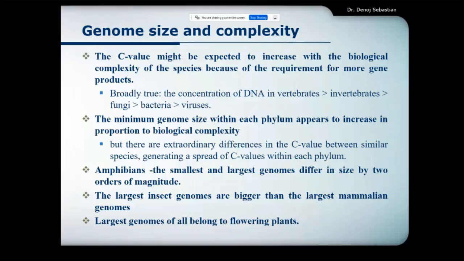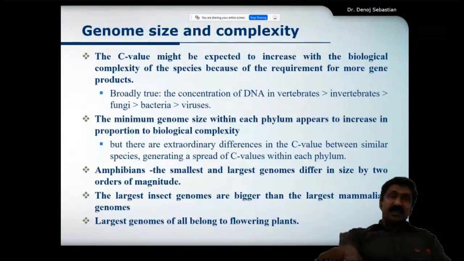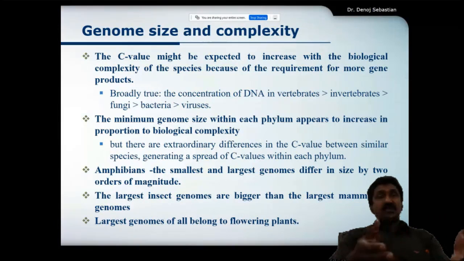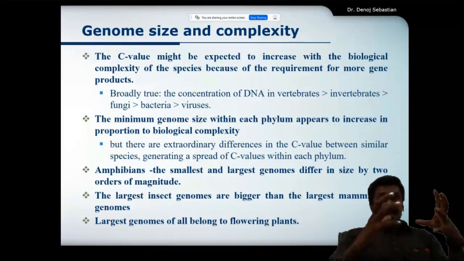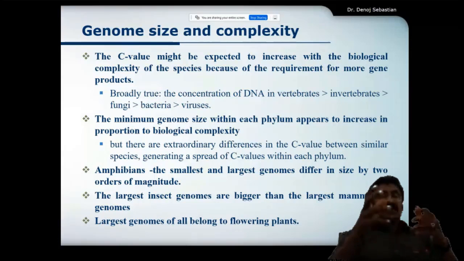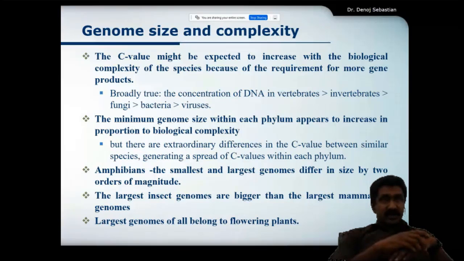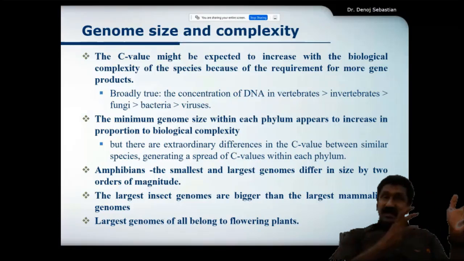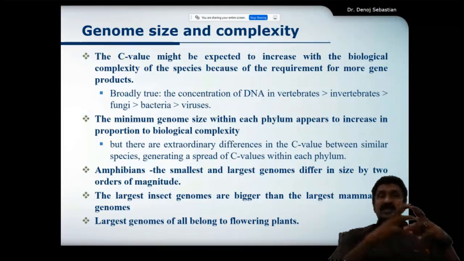And the largest insect genome is also bigger than that of the mammalian genomes or even humans. That means we can't say that the insect has a higher biological complexity than the humans or a vertebrate. So the summary is that the genome size and the biological complexity are not directly related.